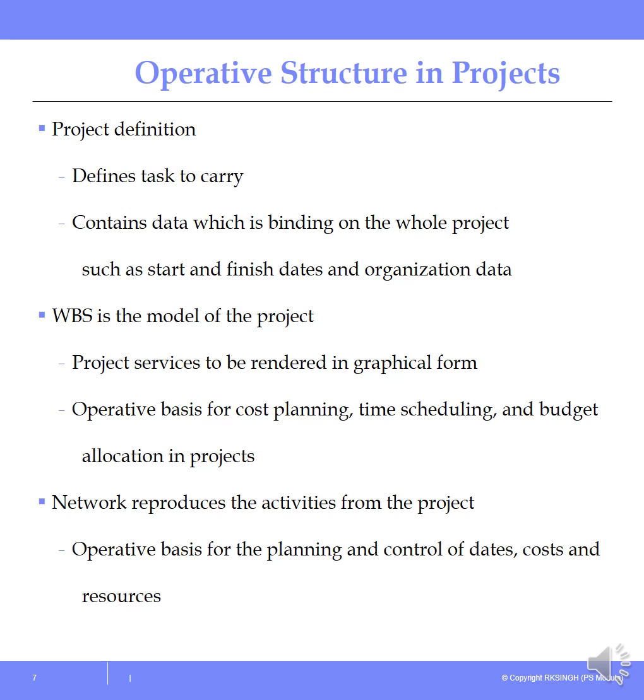The WBS is a model of the project which gives a graphical form, the operative basis for BOQ planning, cost planning, scheduling and allocation of budget. And the network is the operating basis for planning, controlling, costing and resources. After assigning all the data, you can see the graphical hierarchy of the project.